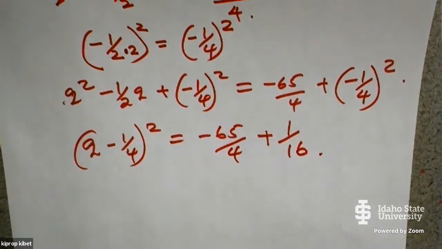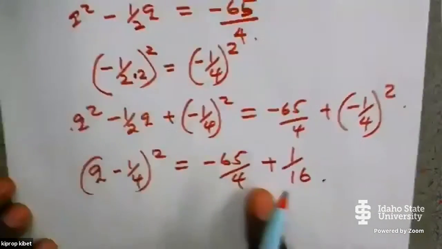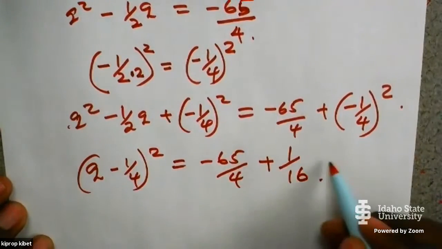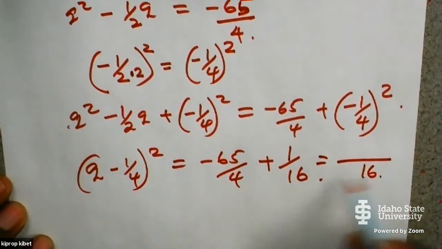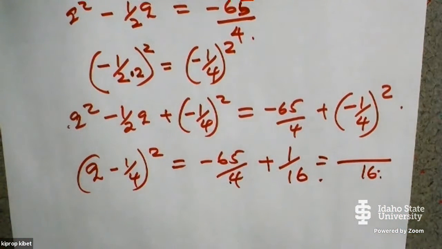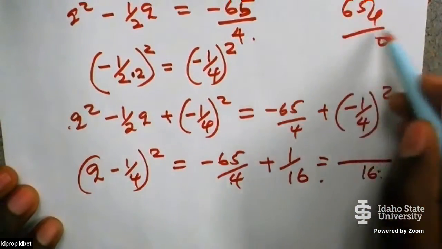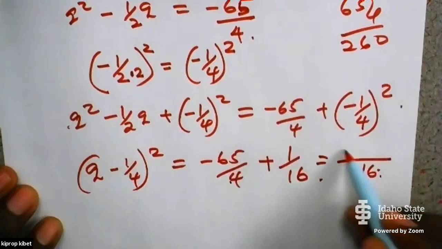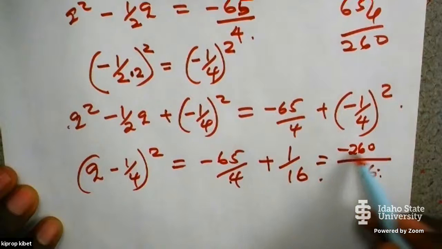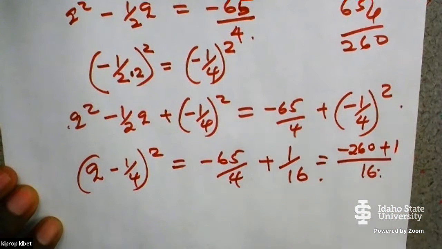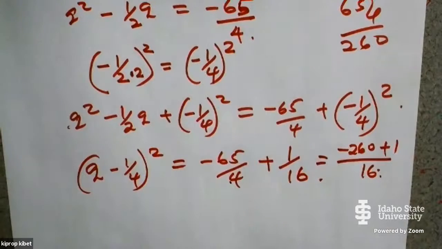So our LCM is 16. So this and this is 4 by 65. 4 multiplied by 65 is 260, so minus 260, and then plus 1, which gives negative 259.